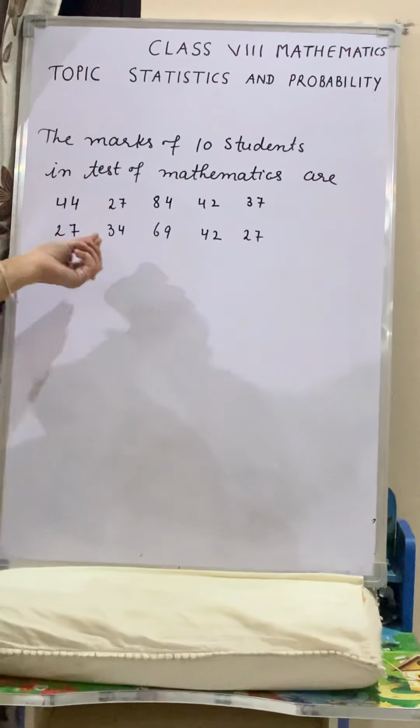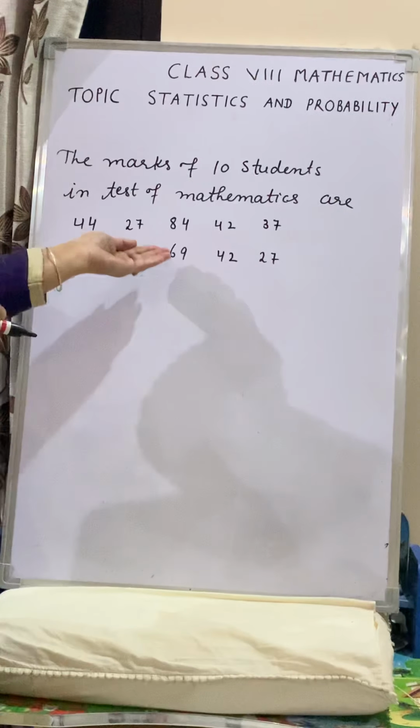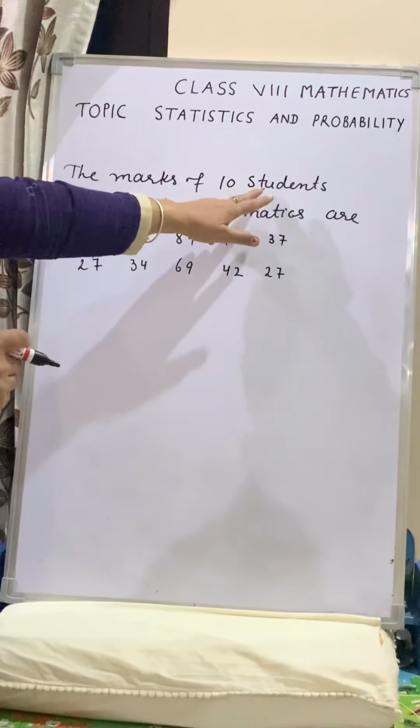It is called the collection of data. Collection of numbers is called data. It is the data of marks of 10 students.